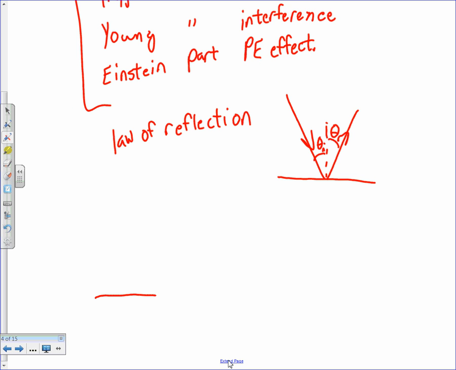We work problems like this in class. Say, for example, this angle is 110 or whatever. I have a light ray that comes in here at 30 degrees. What is the final reflected angle?